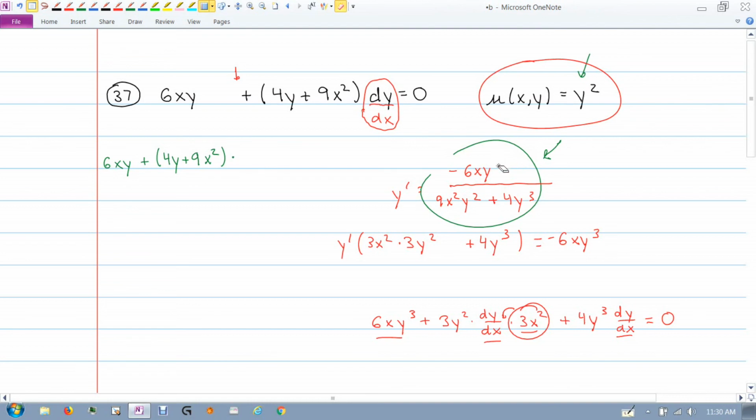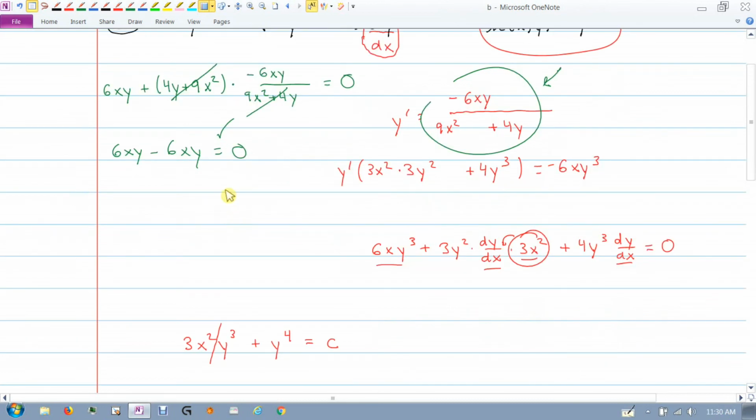So I can get rid of that y cubed, get rid of that y cubed, and get rid of this y squared completely. And so I'm really multiplying by negative 6xy over 9x squared plus 4y, and then equals 0. I'm wondering if this is true, and you see that these two cancel, and what you're left with is 6xy minus 6xy equals 0, and that is true. So it is a solution to that differential equation right here. So we're good to go.